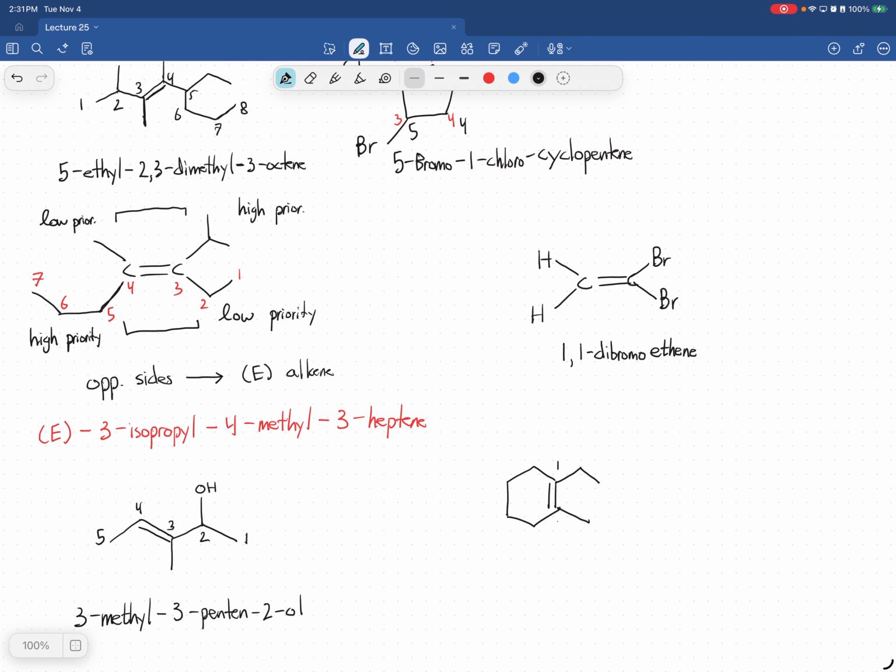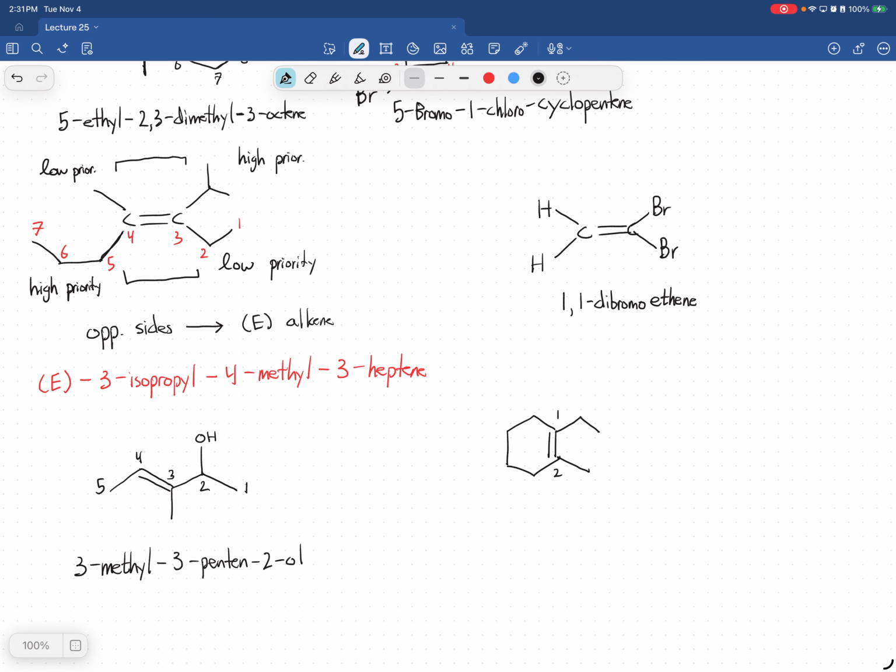Ethyl comes first alphabetically before methyl, so we're numbering 1, 2 like that. So 1-ethyl, 2-methyl. What's the parent name? You got it, cyclohexene. When the alkene is in a ring, you don't have to specify where the alkene is, because it's assumed to be the 1 position.